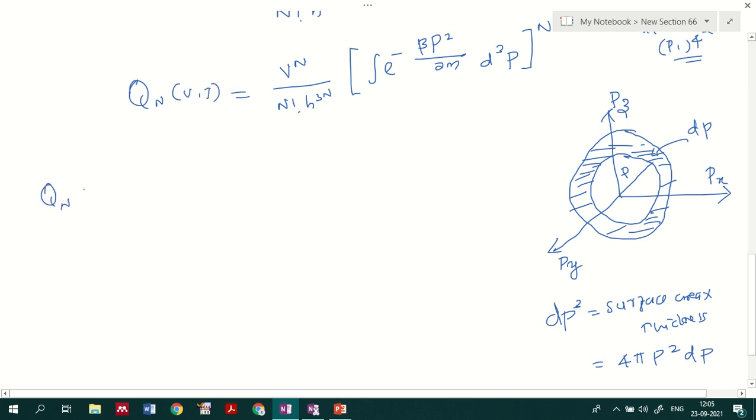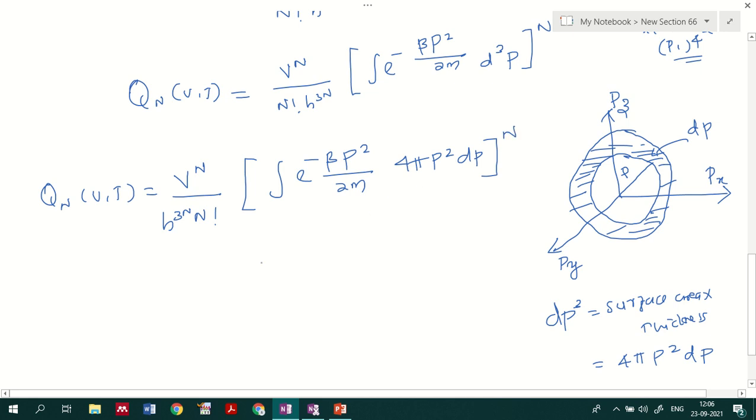Now the Q_N of V, T is equal to V raised to N divided by h raised to 3N and N factorial, into the integral of e raised to minus beta p square by 2m, into the volume d^3p, which I can represent as 4 pi p square dp, raised to N. So this is equal to V raised to N divided by h raised to 3N and N factorial.